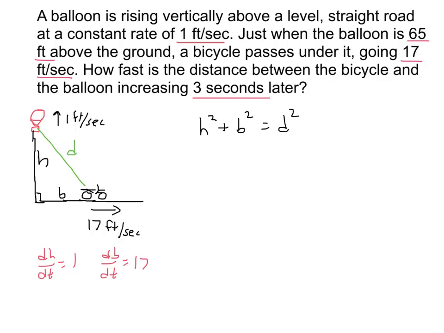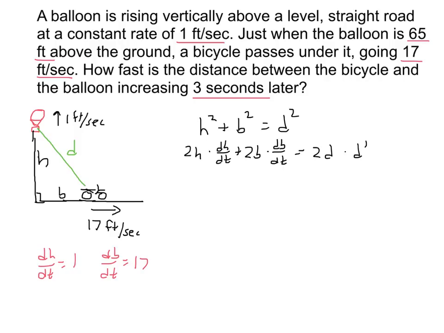Then taking the derivative of that with respect to time, I will have 2h times dh/dt plus 2b times db/dt, which equals 2d times, and I'm just going to use d prime in this notation. I could have used h prime and b prime there as well, but I'll definitely use d prime for that other one.